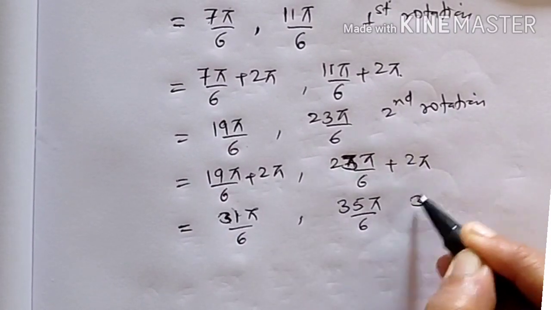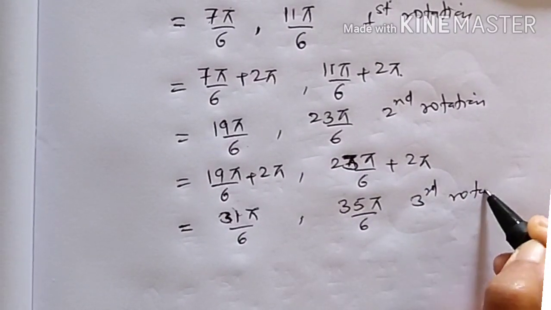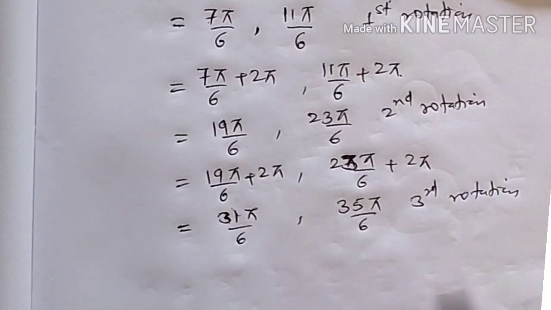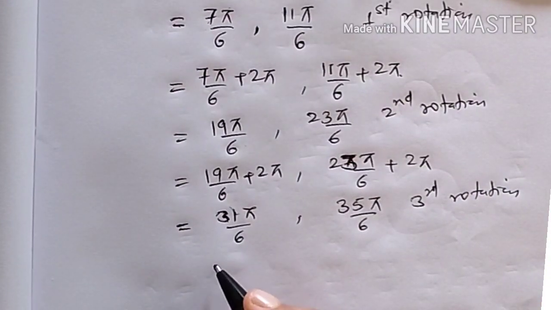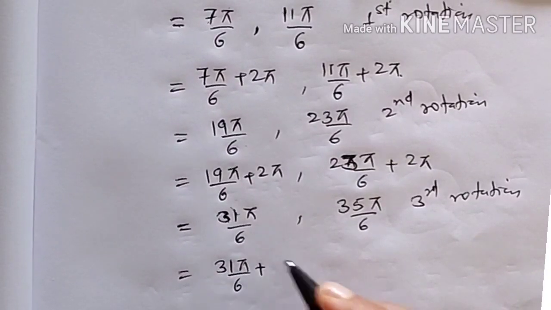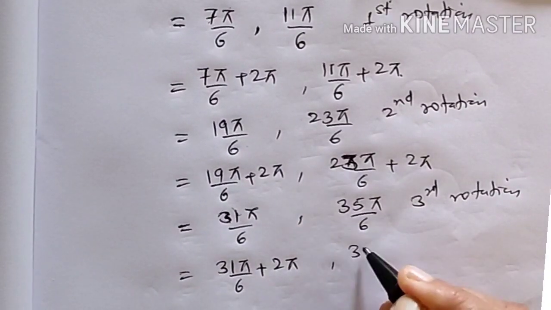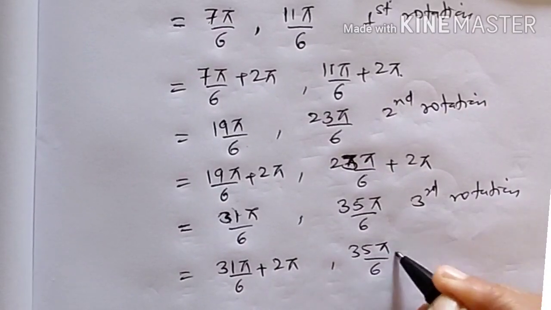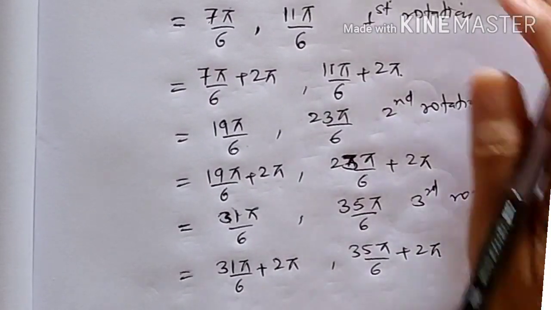This is in the third rotation. Next, one more possibility: 31 pi by 6 plus 2 pi and 35 pi by 6 plus 2 pi. Where do we have to stop?